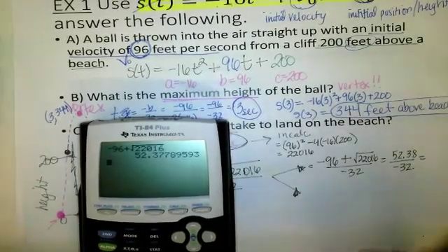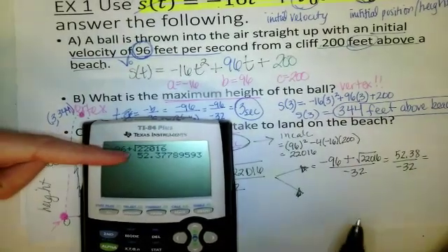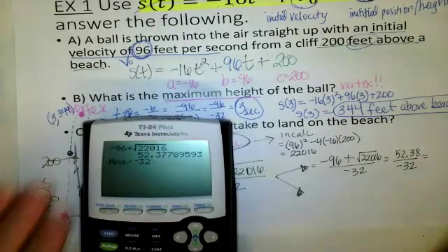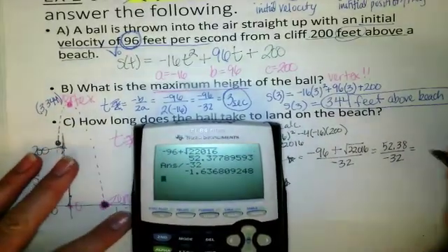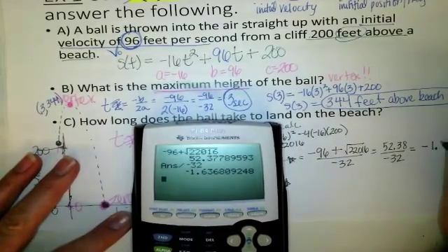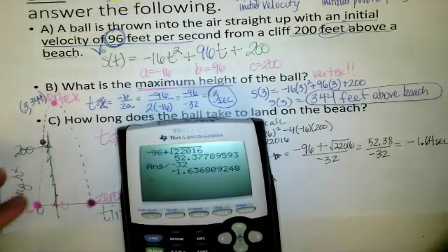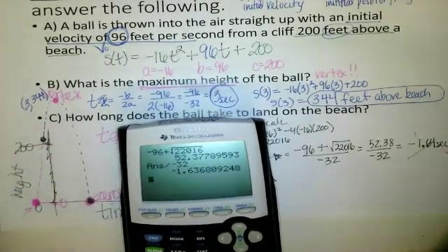And now I'm just going to hit divide by negative 32. And my calculator is just going to use my answer, divided by negative 32. And I'm going to get negative 1.64 seconds. Is that a good answer? No, why? It's negative. Yeah, that happened before time started. That doesn't count.